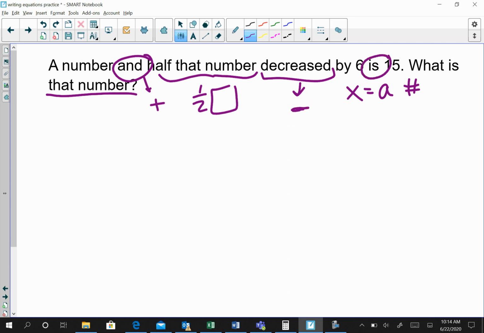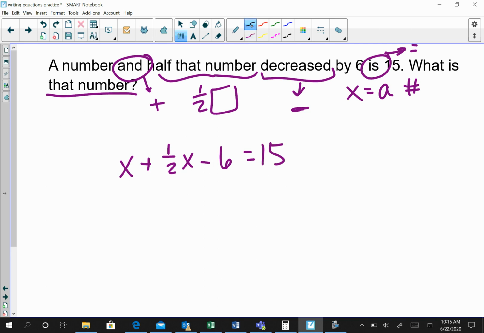And then is equals. So I'm going to read the sentence again. A number and half that number decreased by 6 is 15. So a number, x, and half that number decreased by 6, now lower by 6, minus 6, equals 15.